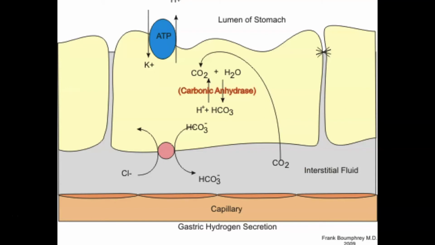Now, this diagram here is illustrating the process that occurs in that stomach lining and the movement of our acid in and out of the lumen of the stomach. So some of the ways that we can try to bind it up are going to be illustrated there.